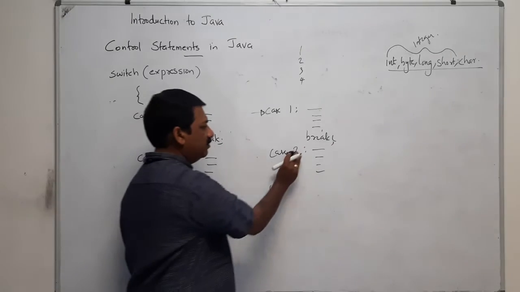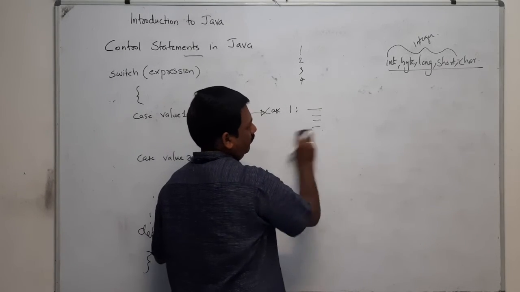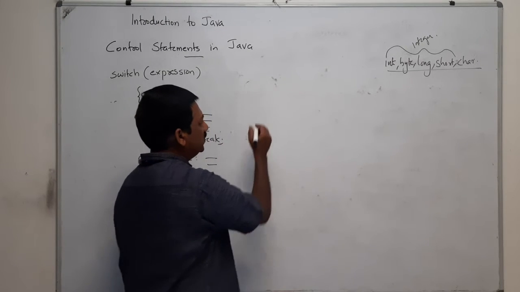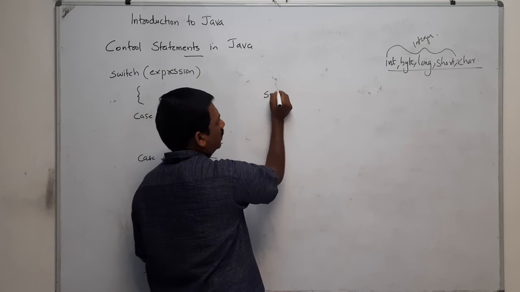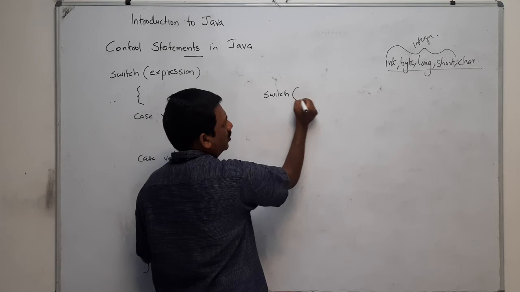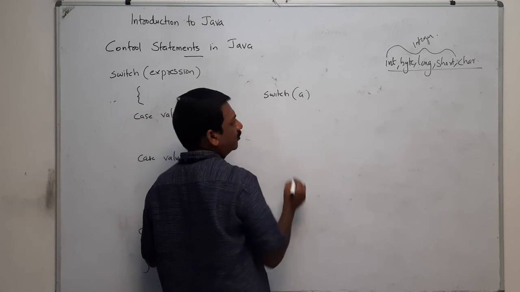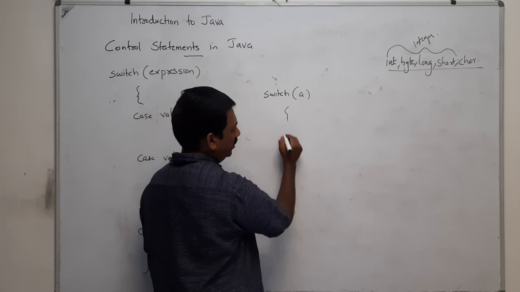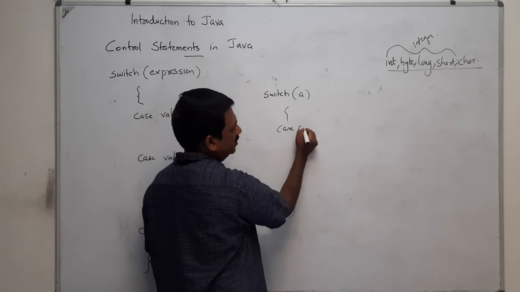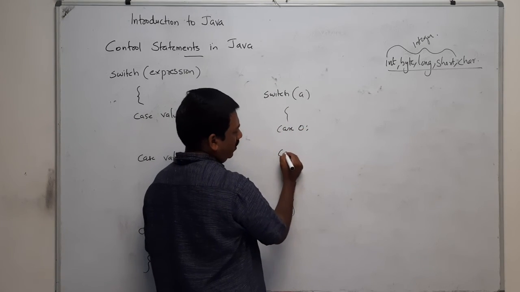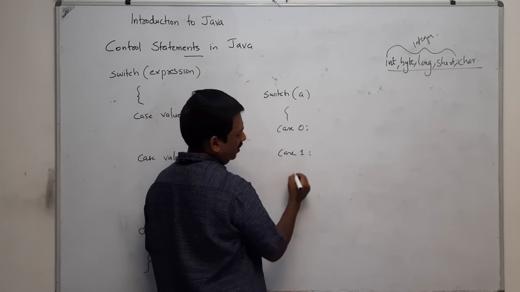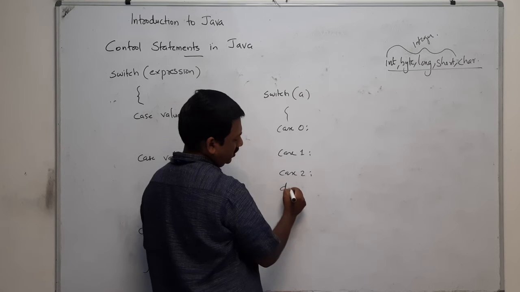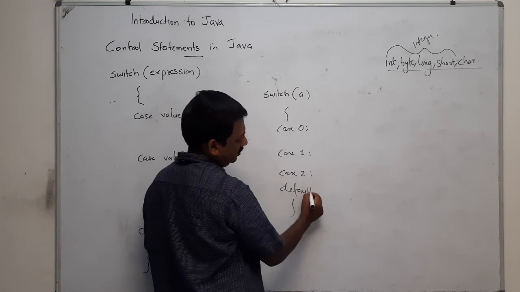Okay. For example, suppose that switch A, depending on the value of A, we are going to have case 0, case 1, case 2, and finally default.